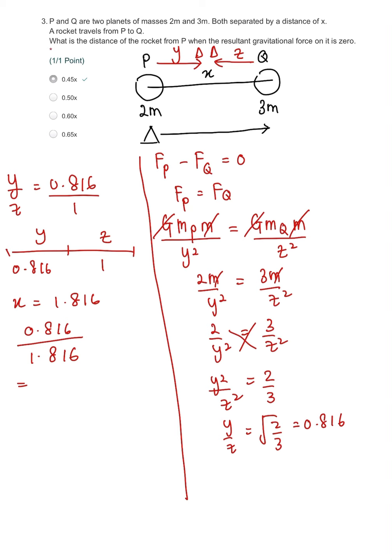In terms of x tu, that's why kita kena overkan dia. So 0.816 divided by 1.816, we get 0.45x. Okay, bila kita masukkan balik nilai x dekat sini, kita akan dapat balik 0.816.